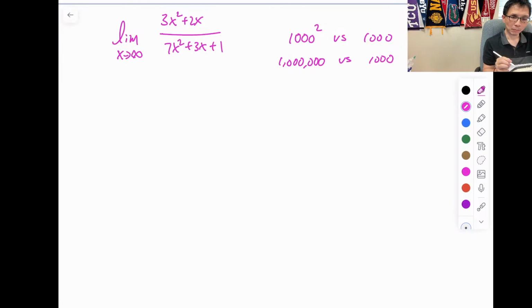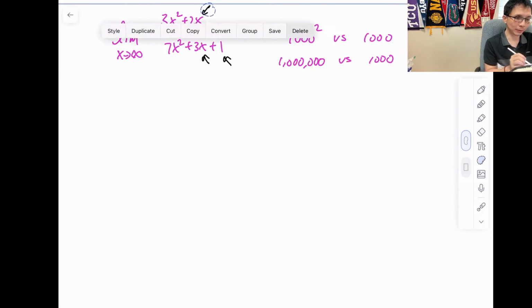So what I'm trying to say is the lower-order terms become sort of insignificant. Then you only compare 3 infinity squared and 7 infinity squared, and roughly that gives what Eli said, 3/7. And there's something to do with the horizontal asymptote. Yes, and I'm going to talk about both today.